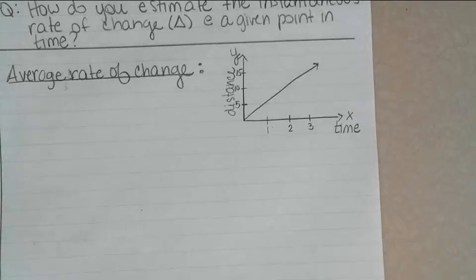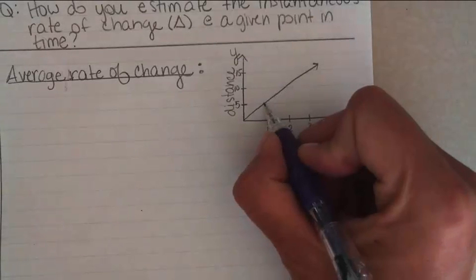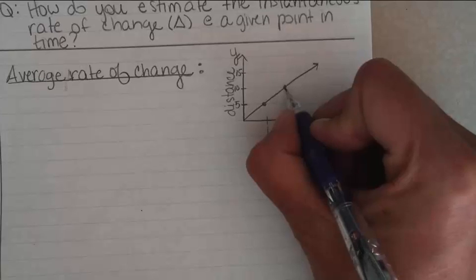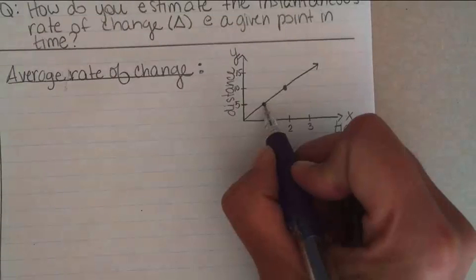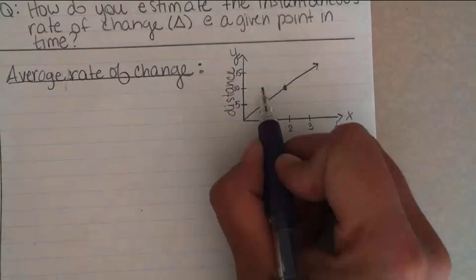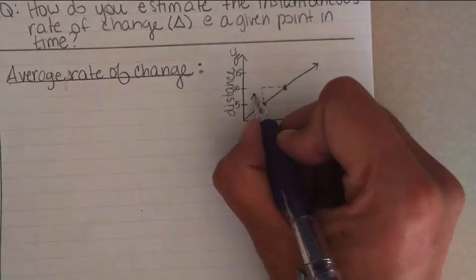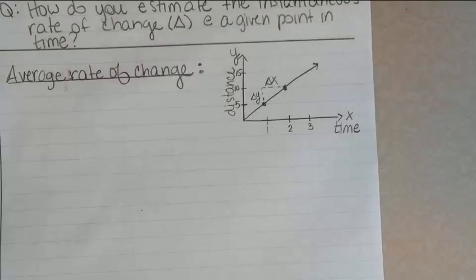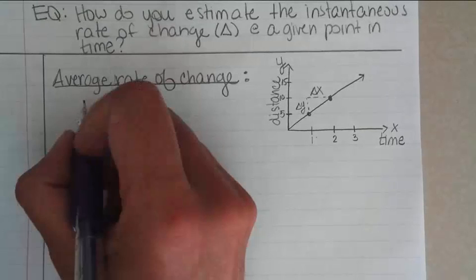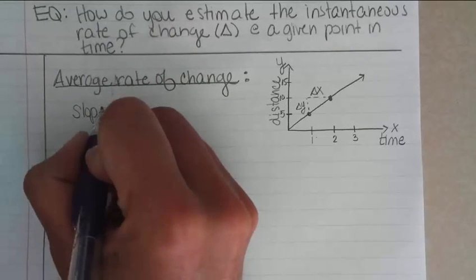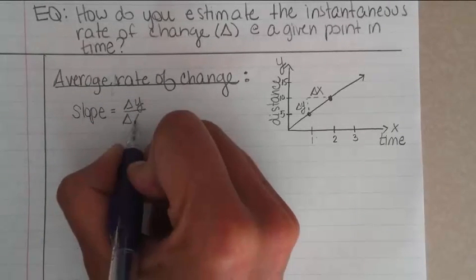Well, basically, my average rate of change here, going from any point on this line to another point on this line, is going to be my slope. It's going to be how far have I gone in so much time. Okay, so that's your change in y over change in x. Just like you've been doing for many years at this point. So we can say that average rate of change is always going to be your slope, where you have change in y over change in x.